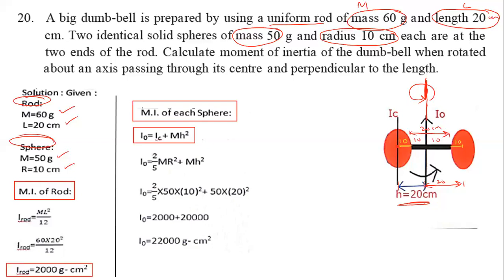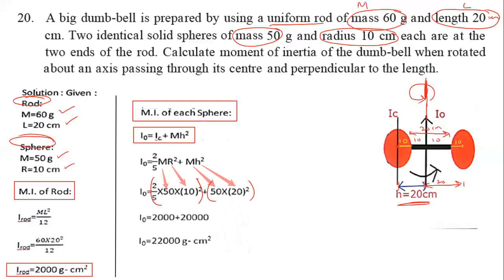After substituting, M is 50, R is 10, 10 square, and 2 by 5 as it is. Then M is 50, h is 20, you can see in the diagram. After solving this calculation, we get 2000, and this multiplication is 400 into 50, which is 20,000. 20,000 plus 2000 is 22,000.